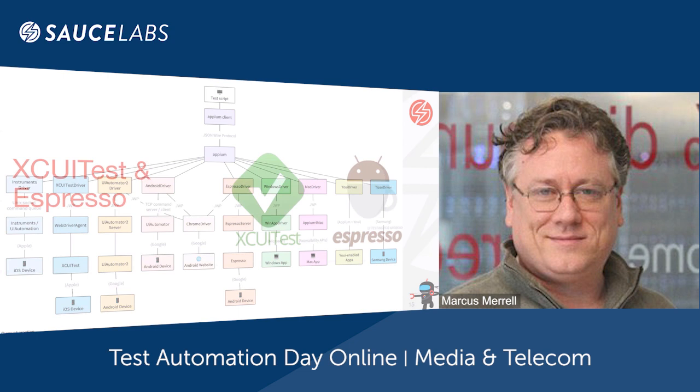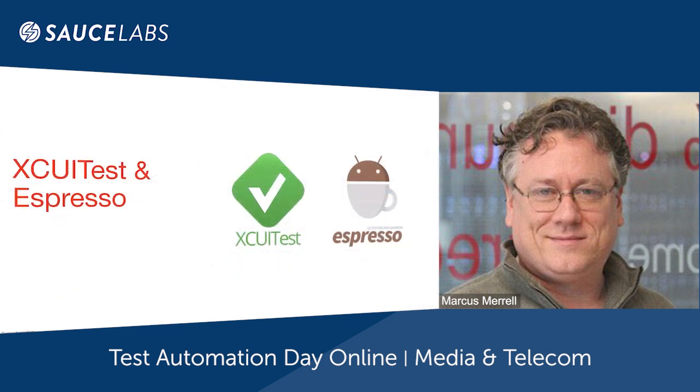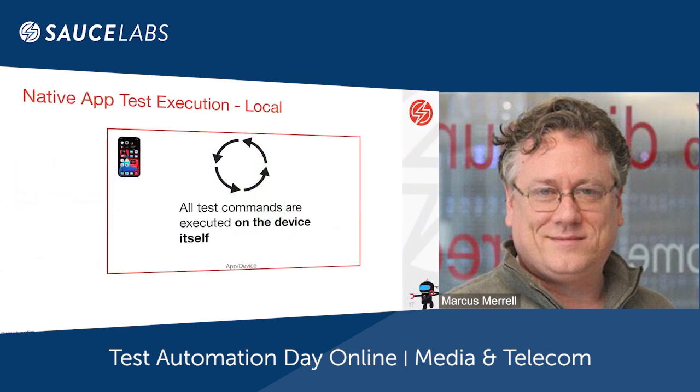So let's contrast this with XCUI and Espresso tests. With a native app execution, when you're running locally, actually either way, locally or on cloud, you upload your debuggable application to the device itself, and then you upload a separate APK or IPA file to that same device that contains the tests themselves, compiled binary code that contains the tests.